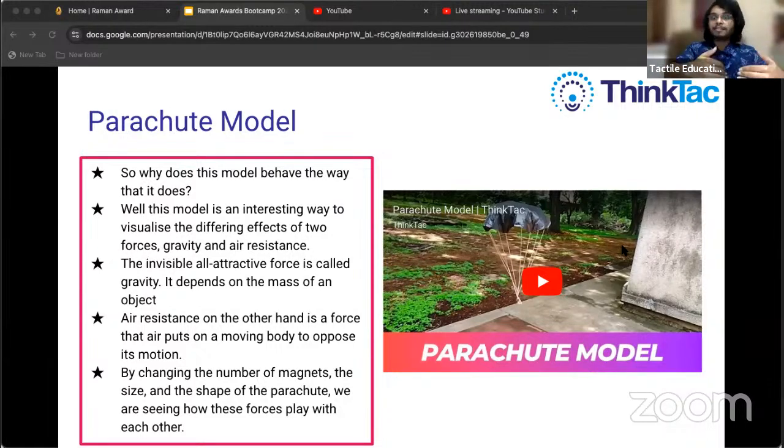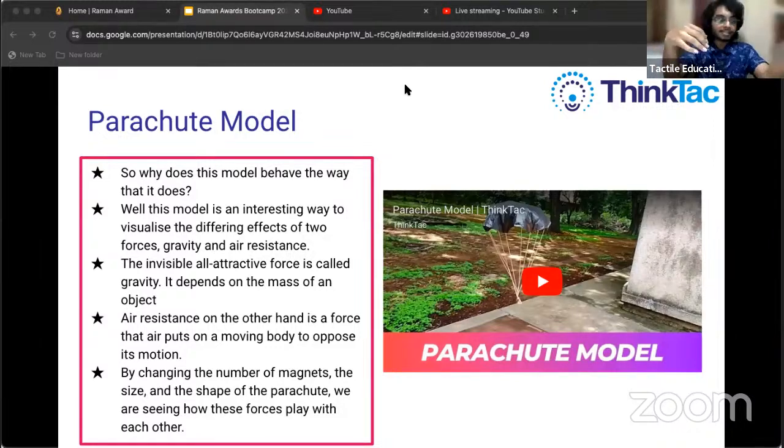Like I just said, gravity depends on the mass of the object, and air resistance, on the other hand, is a force that opposes the motion of an object that is moving through air. Think of it like a frictional force, but in air. So that's why it's called air resistance.